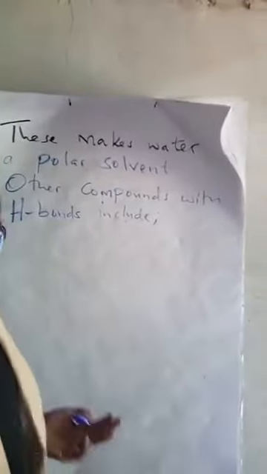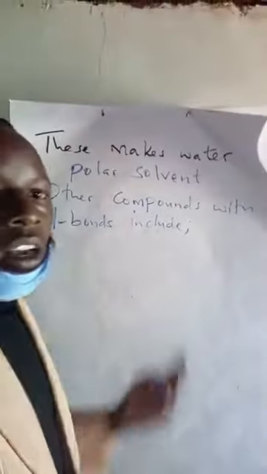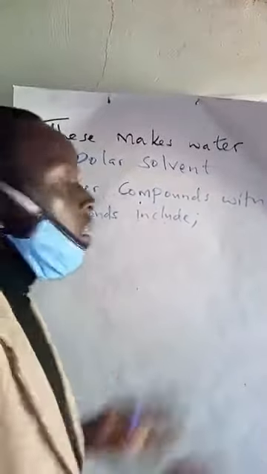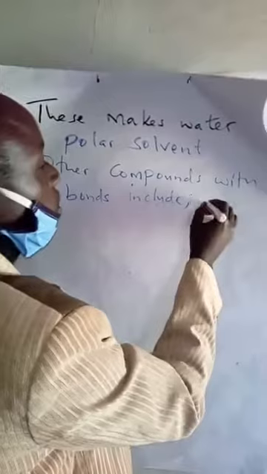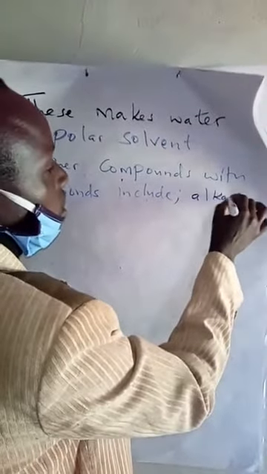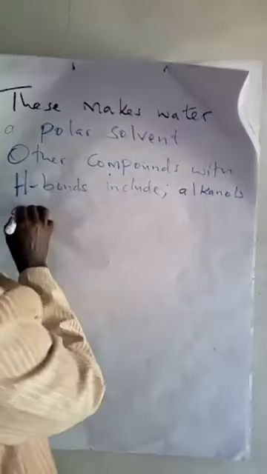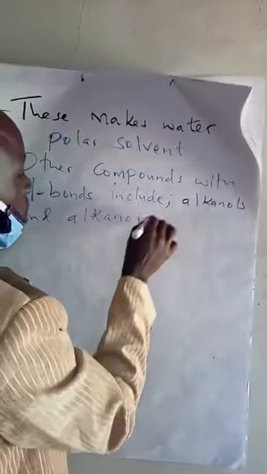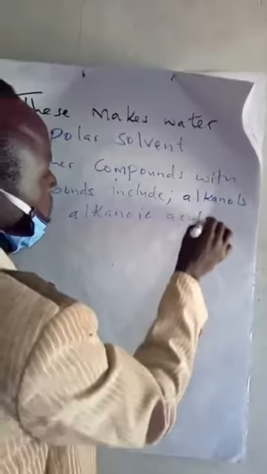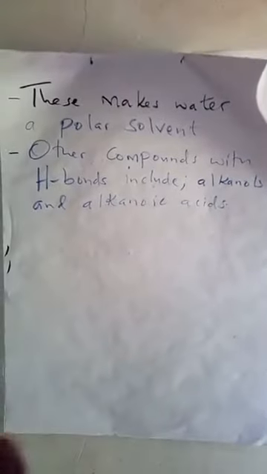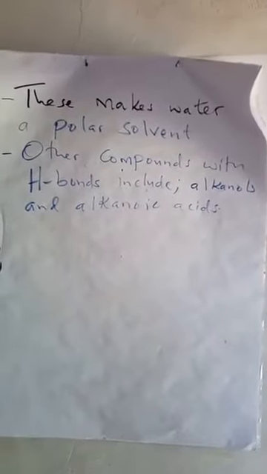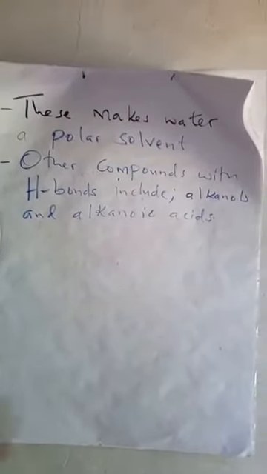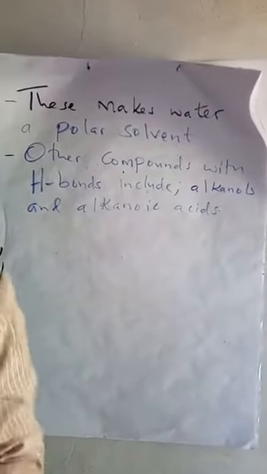You can give examples of alkanols: methanol, ethanol, propanol, propanoic acid, methanoic acid. So let me say include alkanols and alkanoic acids. So those ones are polar solvents. Okay, so I think we are done with hydrogen bond.